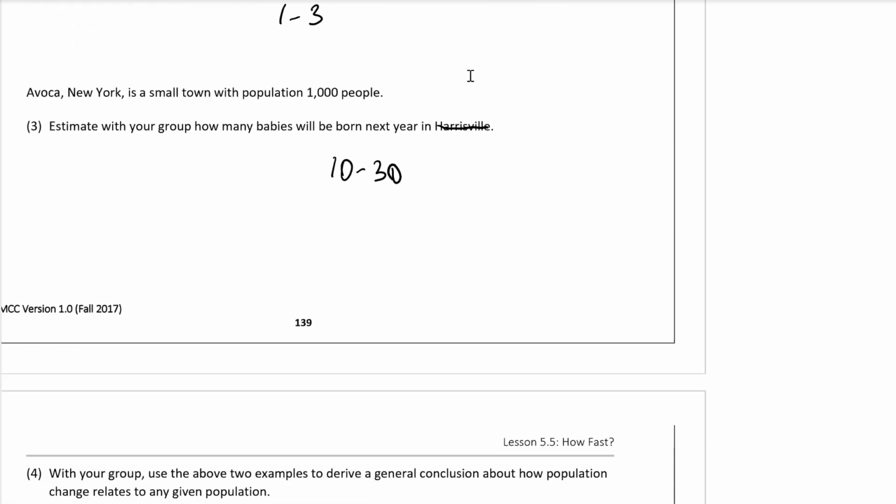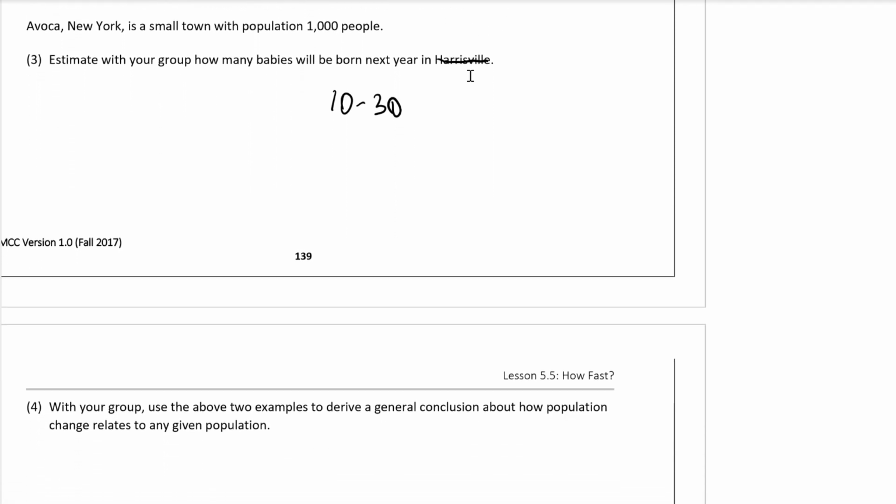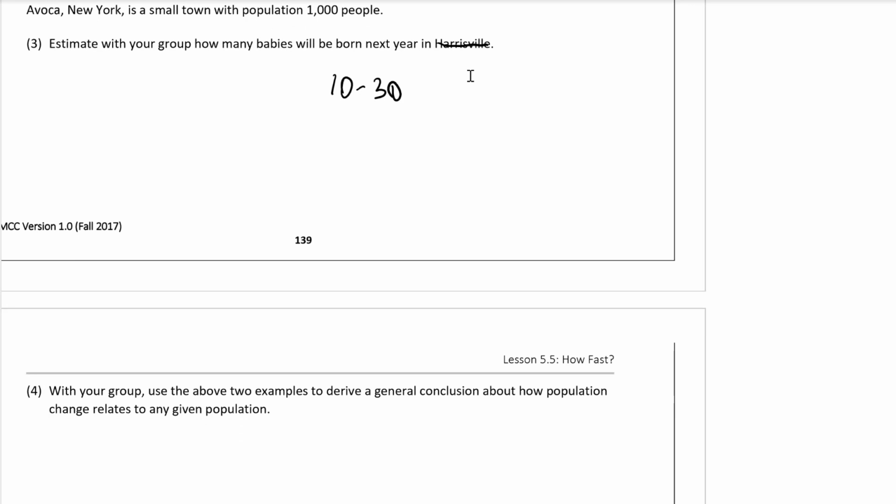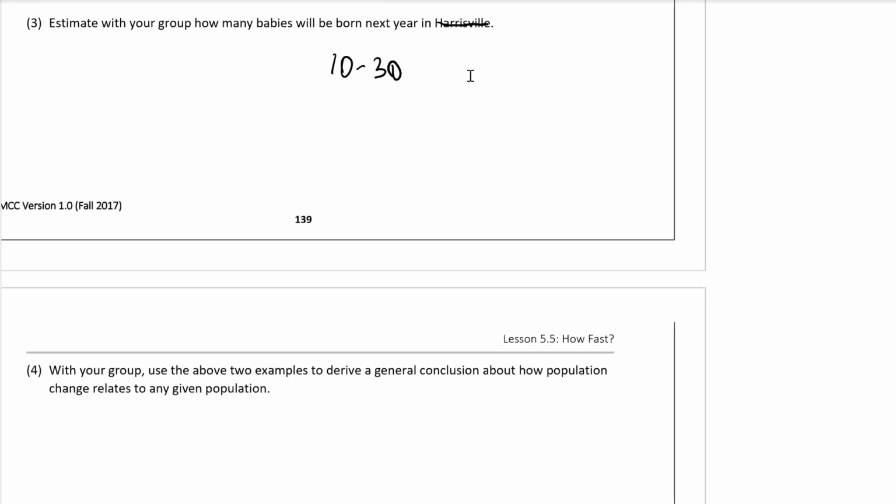The point of this is to say that looking at those examples, what would you say the conclusion would be in terms of the number of babies that will be born? What will it depend on? All right, so what would be a general conclusion about how population change relates to any given population? I'll give you a moment.